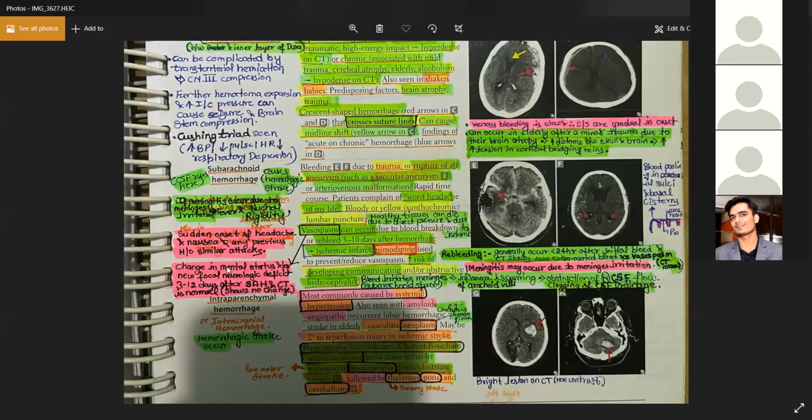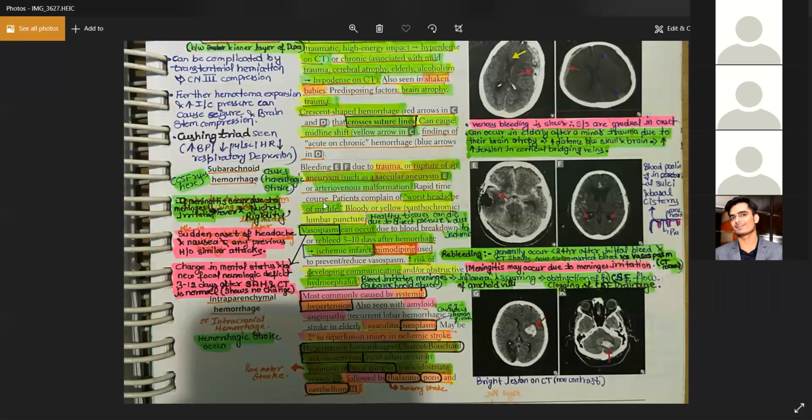Causes: trauma, aneurysm, and AV malformation. Please remember these 3 causes for subarachnoid hemorrhage. And as you can see, the blood is accumulating in the subarachnoid space because this space is present in every part of your brain. All these linear structures will be formed, right? These are the subarachnoid spaces. Any doubt in the subarachnoid hemorrhage?